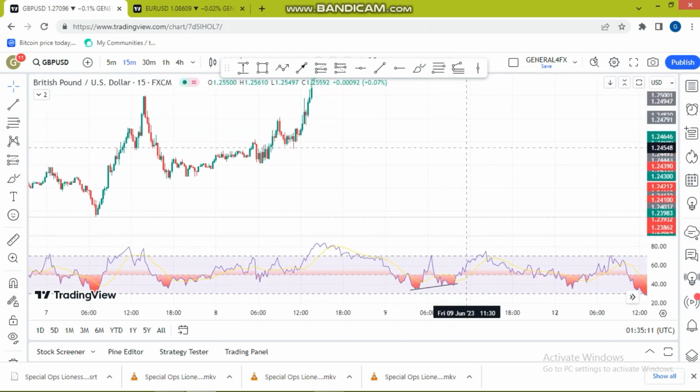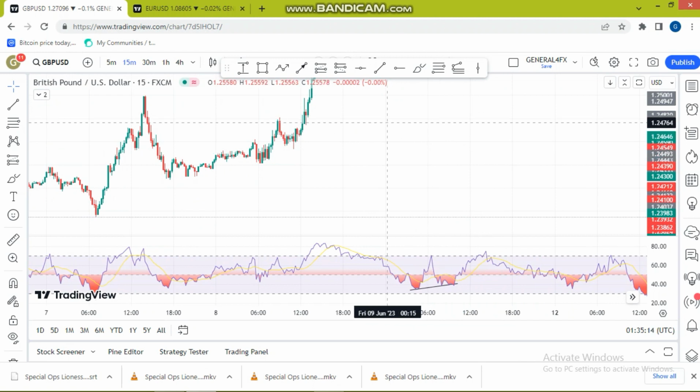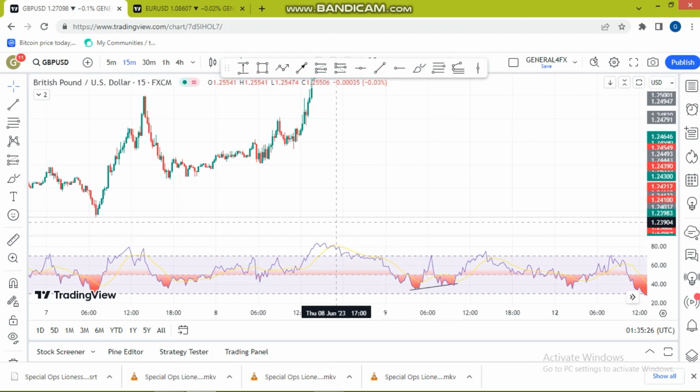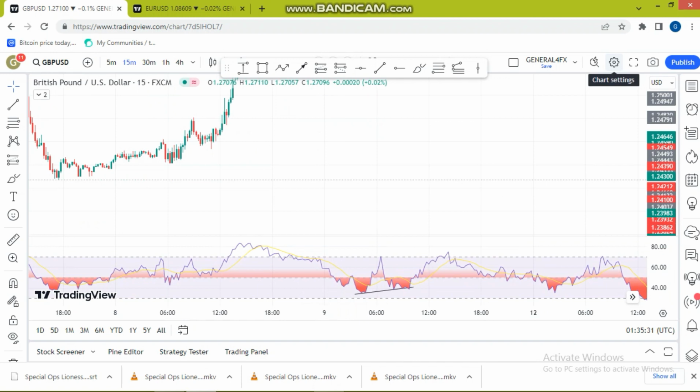Now, in this case, it means the price is making a different thing, and the oscillator, which is your RSI, or some people use stochastic, is doing the opposite. Your price is doing the opposite, and your oscillator is also doing the opposite.